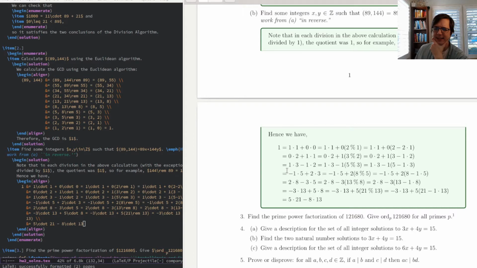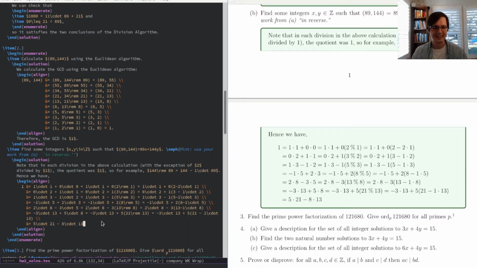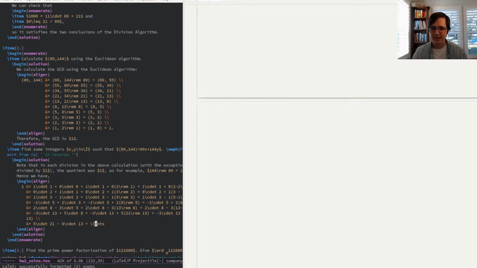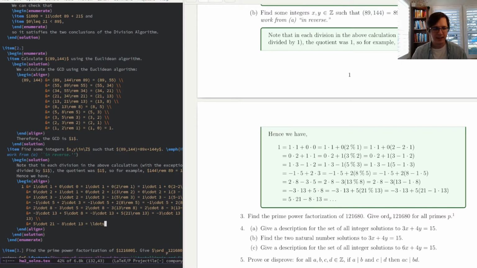Sorry, I'm getting tired of just typing this up. So let's do \ldots for lower dots, and then let's do an intertext.